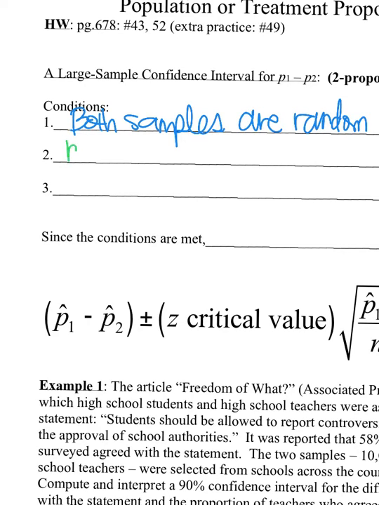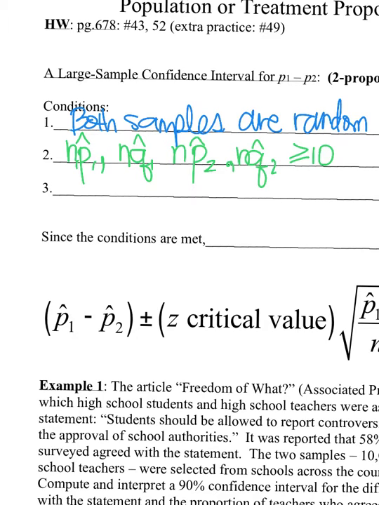We want to check if n p-hat and n q-hat for sample number 1 are greater than or equal to 10, and also n p-hat and n q-hat for our second group are also greater than or equal to 10.